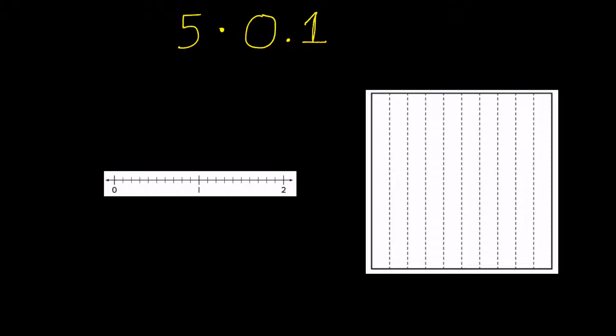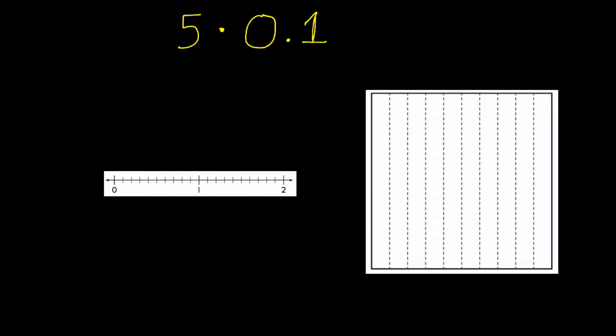To start with, we are going to multiply 5 times 1/10. So let's first look at our decimal, 1/10. What does that mean on our number line? Well, 1/10 means that if we take a whole and cut it up into 10 equal pieces, we only keep one of those pieces.